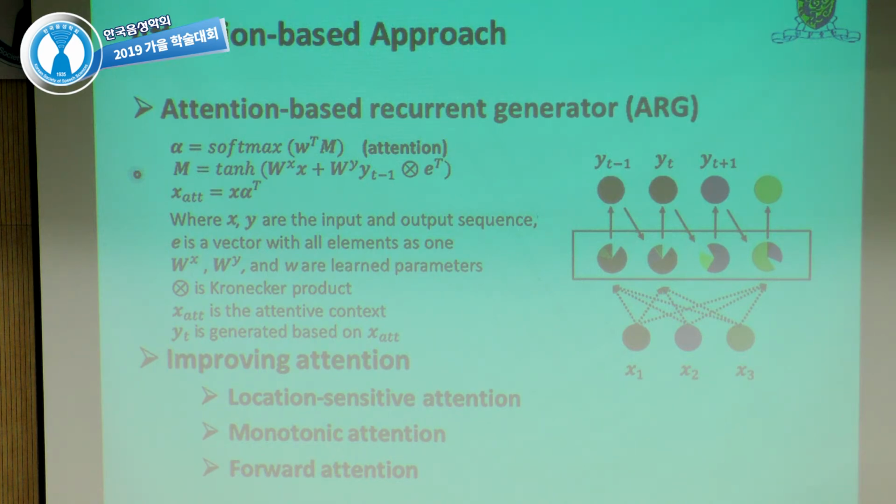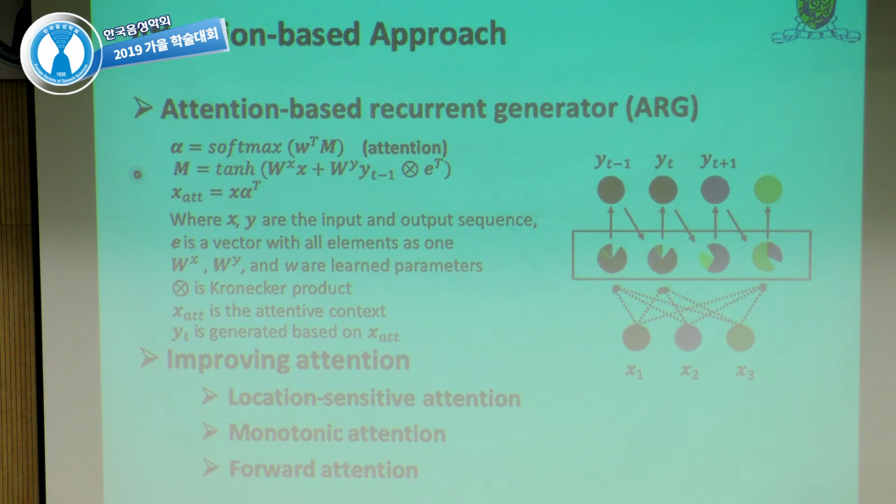This is an intuitive explanation. But the vanilla attention mechanism is not enough, because in speech, in our area, we know that the generation of speech is actually a monotonic process. It's easy to understand, right? So it's desirable to integrate such a monotonic mechanism into the attention process.